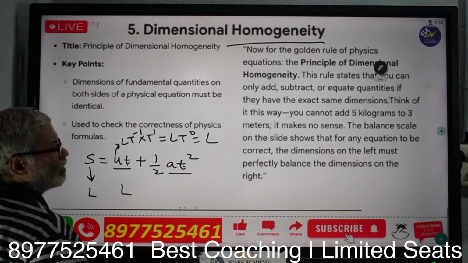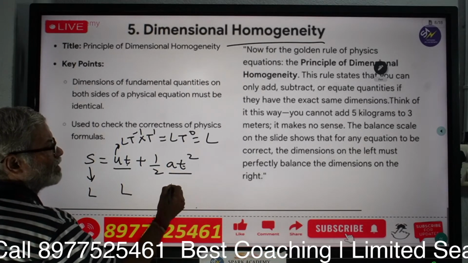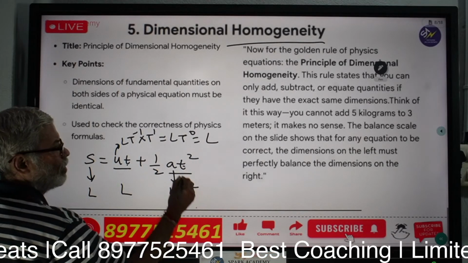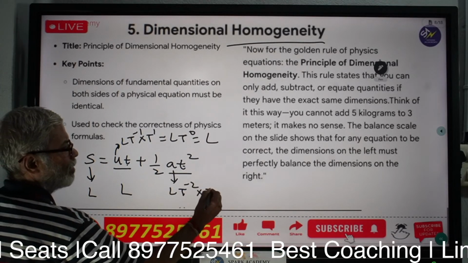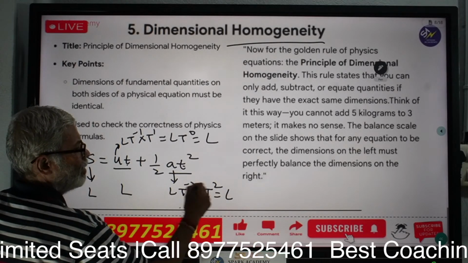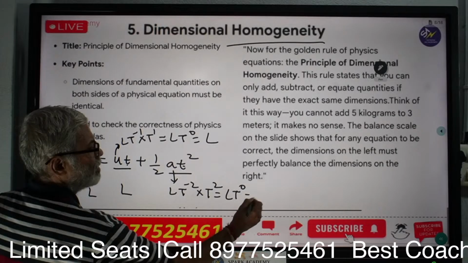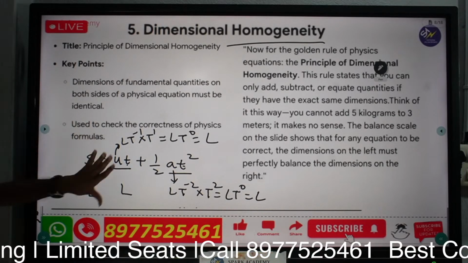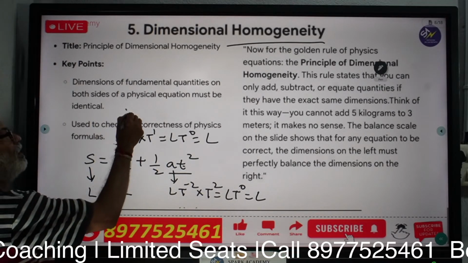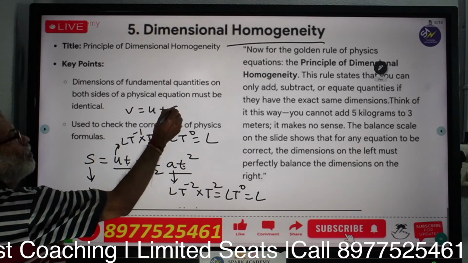Similarly, at square. A is acceleration. Acceleration dimension is LT minus 2 into T square. So you will get L T to the power of 0, that is L. So this is the rule for the principle of homogeneity. Similarly, V is equal to U plus AT.